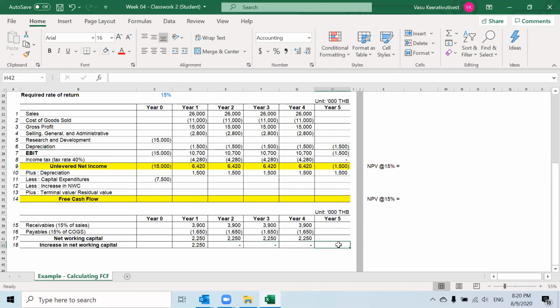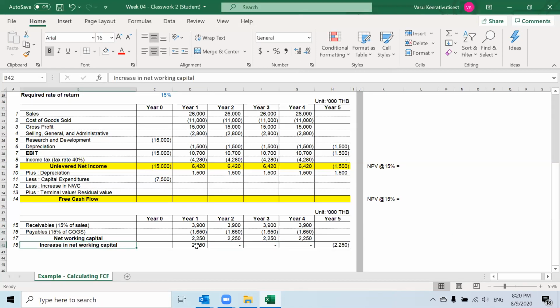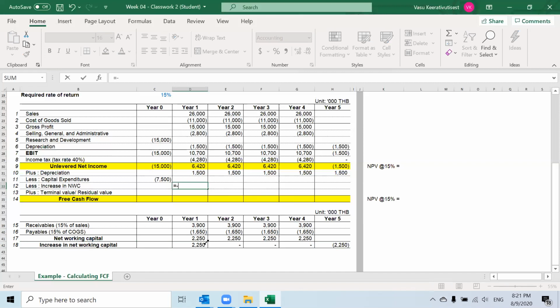And then later on, you need to release all working capital back. Because this is an increase, in year one you need to increase your working capital, but in year 5, you need to release all of it. So increase in net working capital is equal to minus this row.